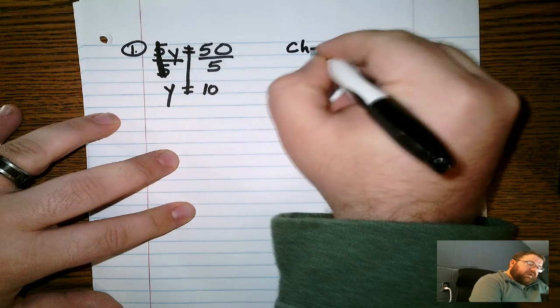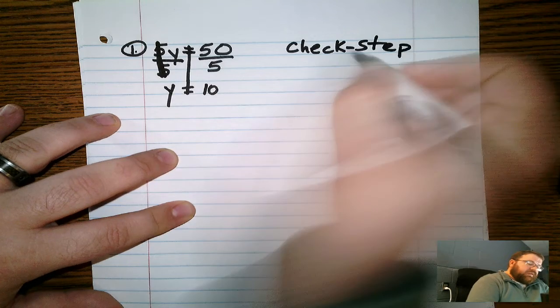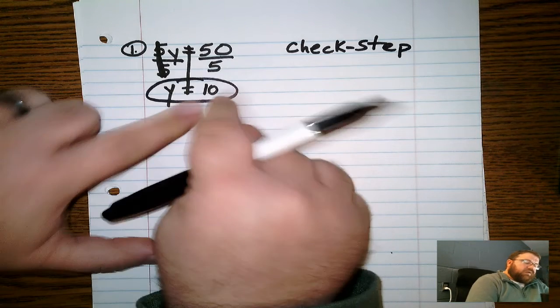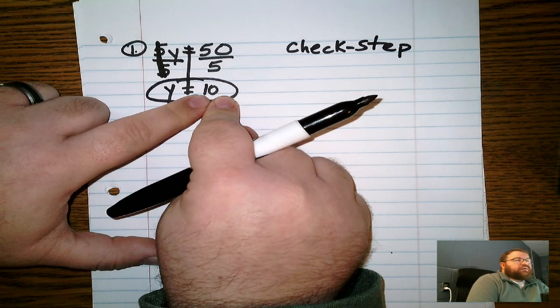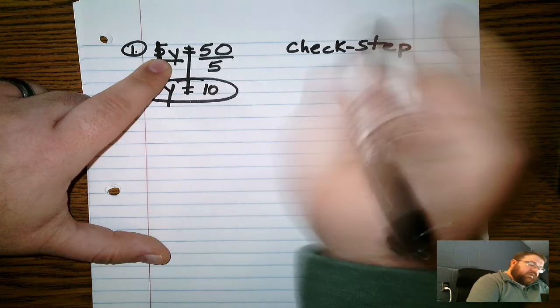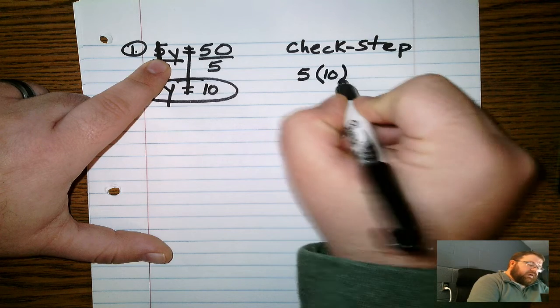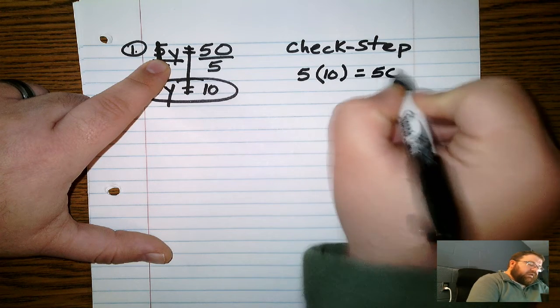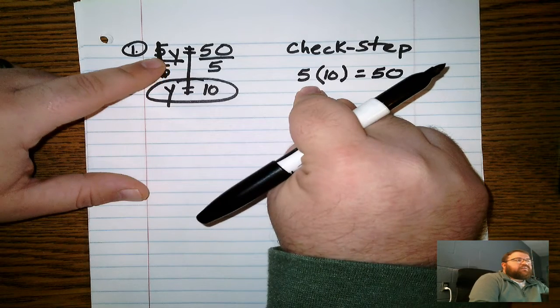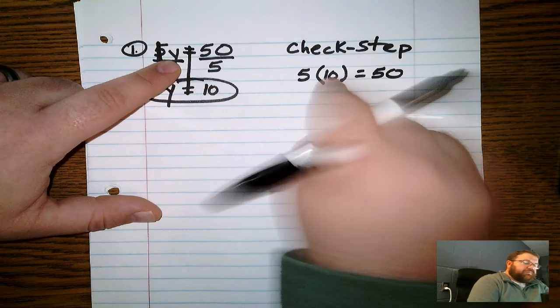Remember your check step, which you're required to show us, is the substitution of what you said your variable is equal to. Remember, we said it's multiplying, so this is 5 times 10 is equal to 50. Some students get this confused and they want to say 510, but remember it's multiplication.